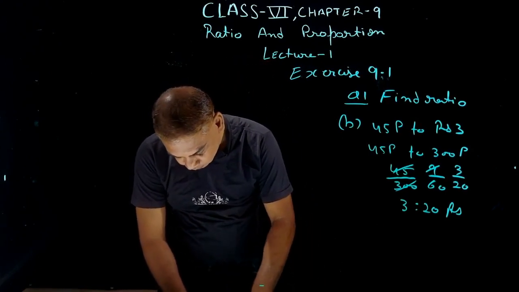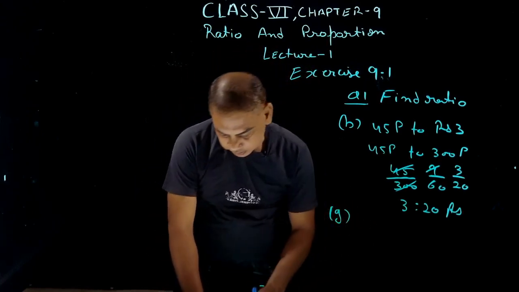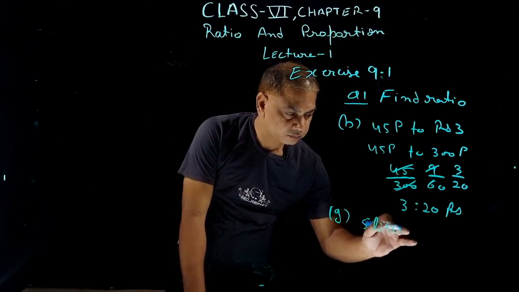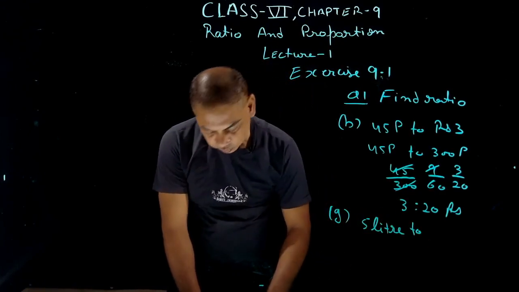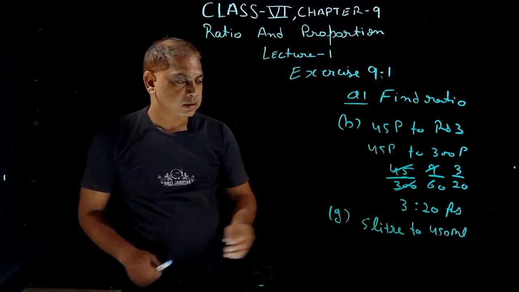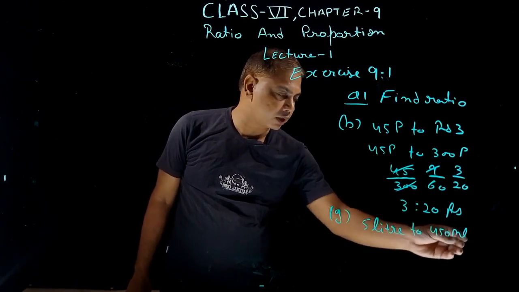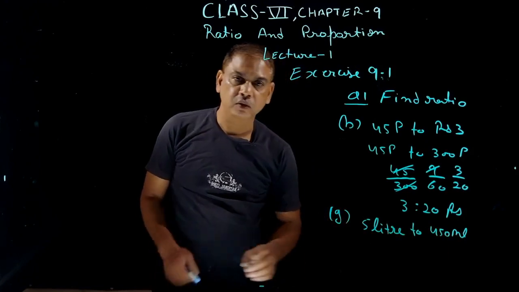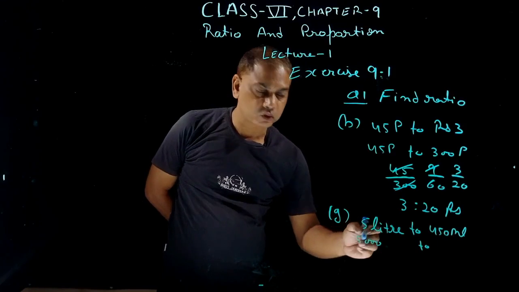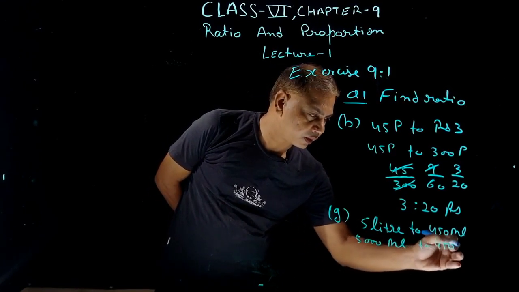Now come to G part student. G part again you have to find out the ratio of 5 liter to 450 ml. Now again students convert liter into milliliter so that we have both the units same. Okay, so 5 liter is equal to 5000 milliliter to 450 ml.